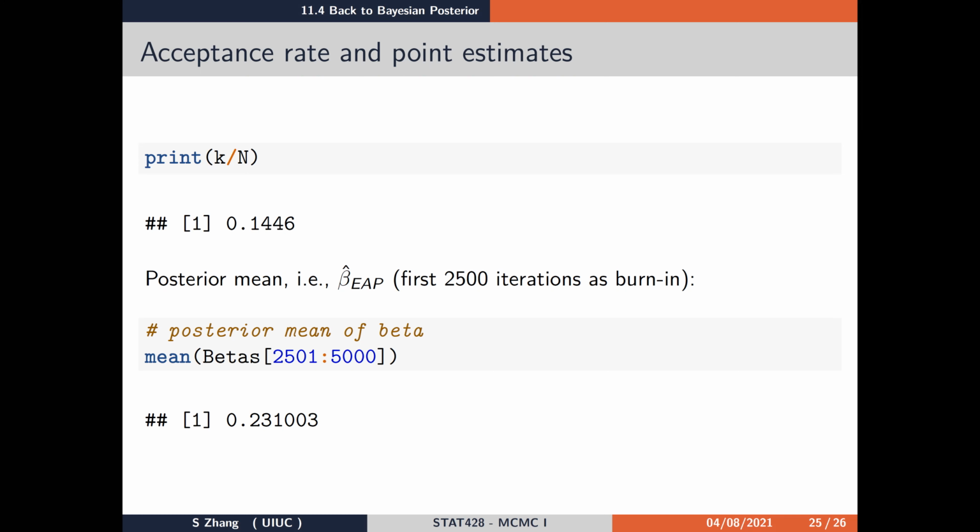We will toss away the first 2,500 iterations as burn-in, and we will calculate the beta mean just using the last 2,500 iterations. And we can see that this is something close to 0.23. So it's not exactly 0.2, but it's not too far away. There's some random fluctuation in the sample we generate anyway.